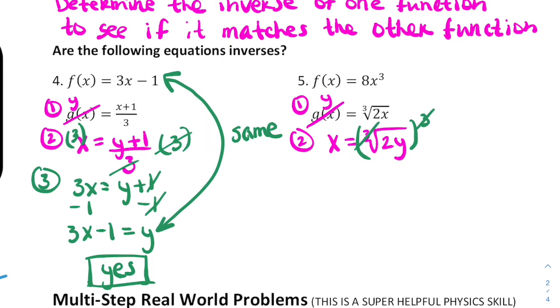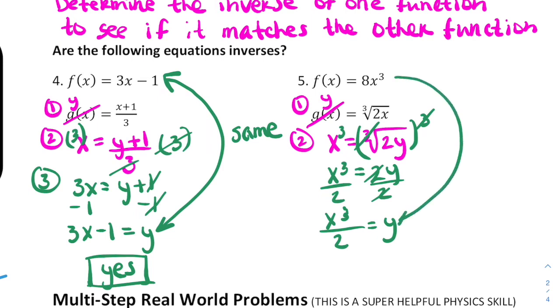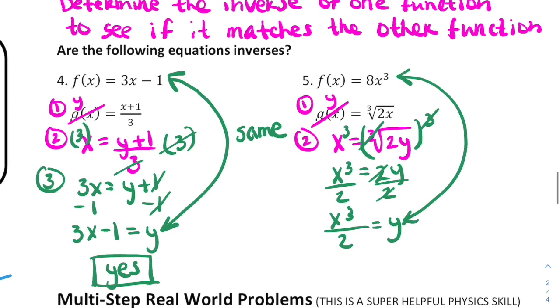So this one and that one cancel, and we have to cube the x. So x to the third is equal to 2y. Divide both sides by 2 to give me x cubed over 2 is equal to y. Okay, again, compare these two. Are they the same this time? No, not the same.